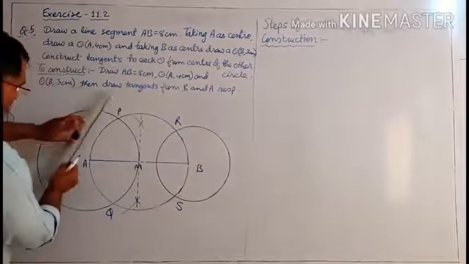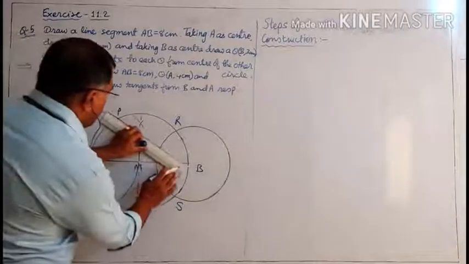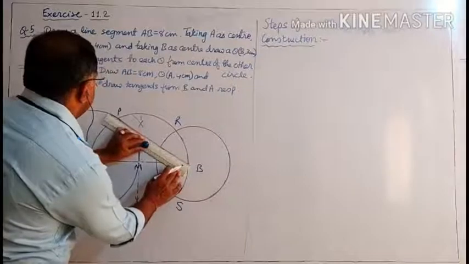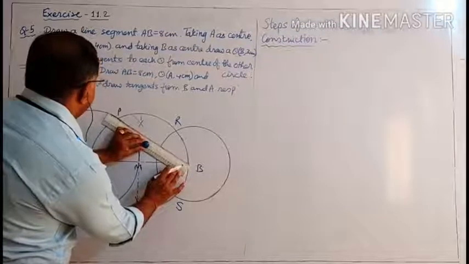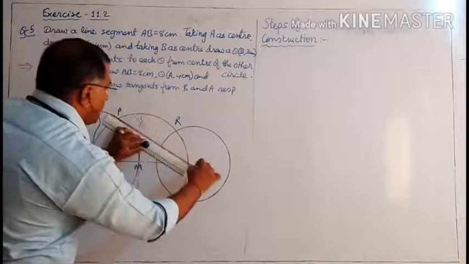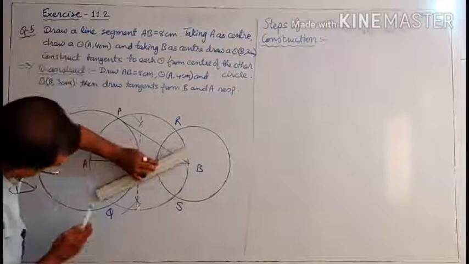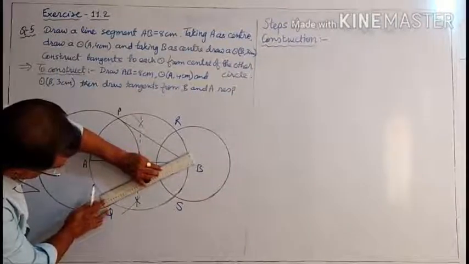So now we have to join BP and BQ. So these are the tangents to the circle with center A. Now PB and QB are the tangents.